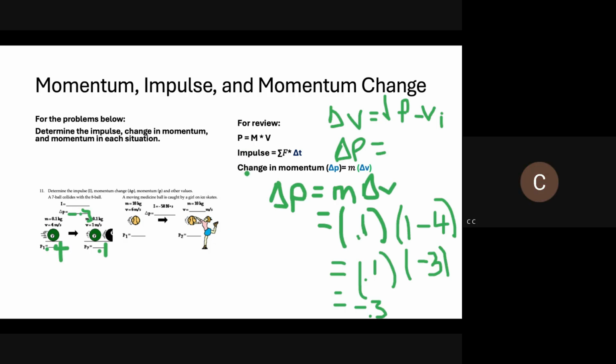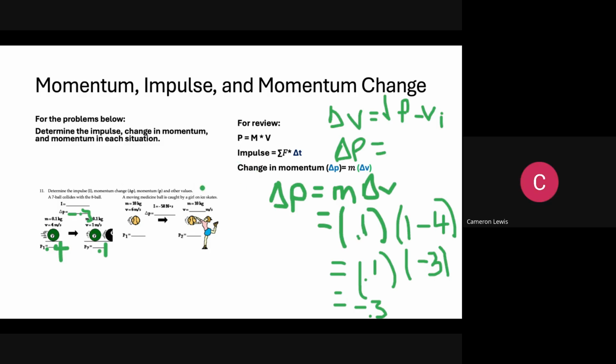It would be mass times change in velocity. Yes, mass times change of velocity. But also just think about what this delta means. Change. To find a change in something, you have to find from its end to its start what the difference is.